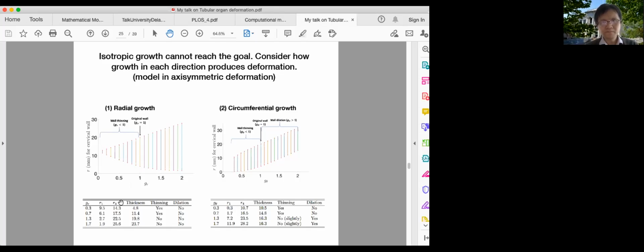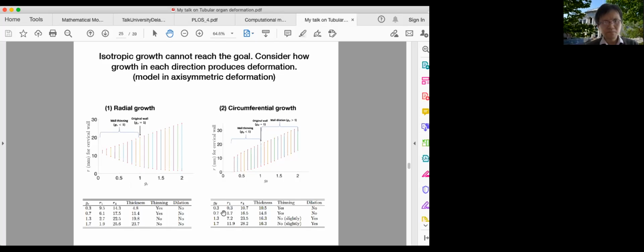And I summarize the results here. If GR is less than 1, negative growth, yes, there is thinning, but no dilation. For GR bigger than 1, so 1.3, 1.7, positive growth, there is no thinning and no dilation. And for the second one, the circumferential growth, I summarize the results here.